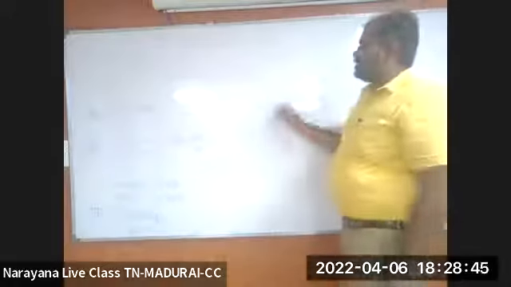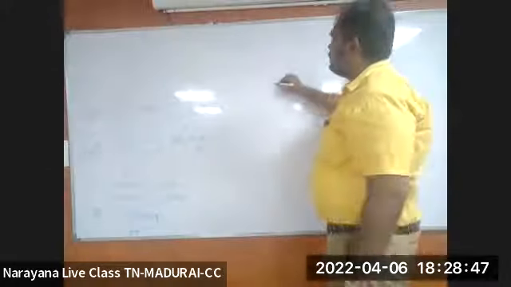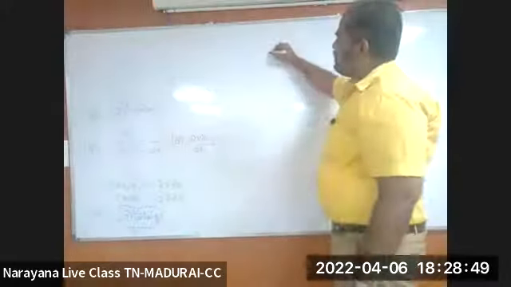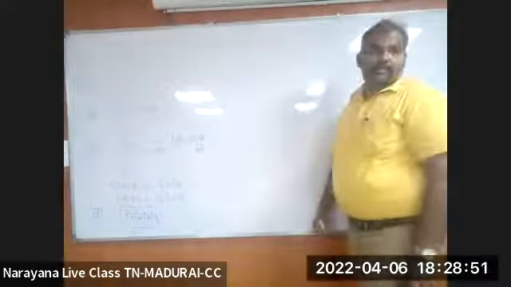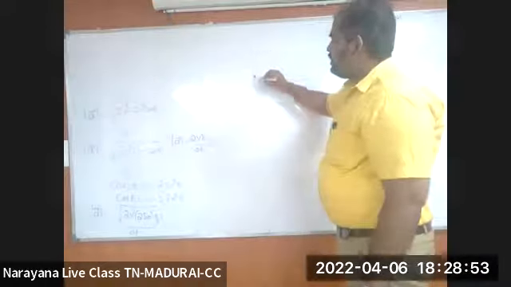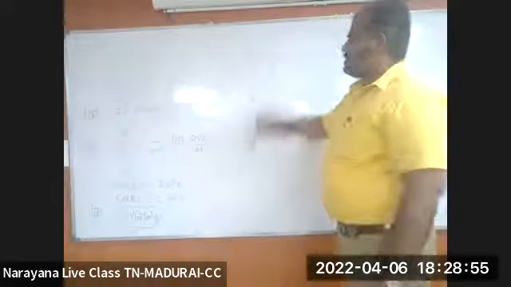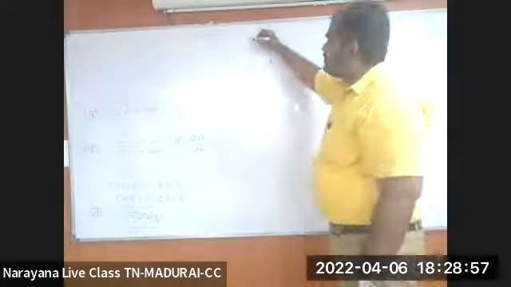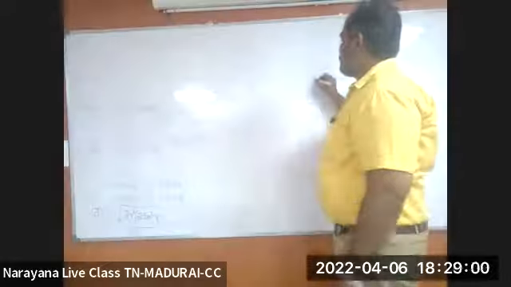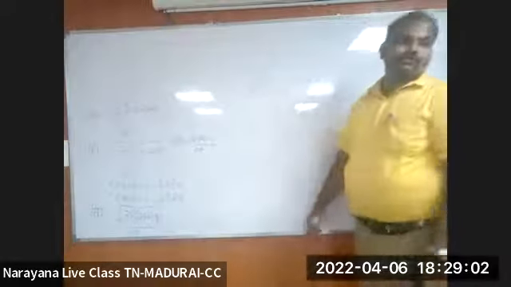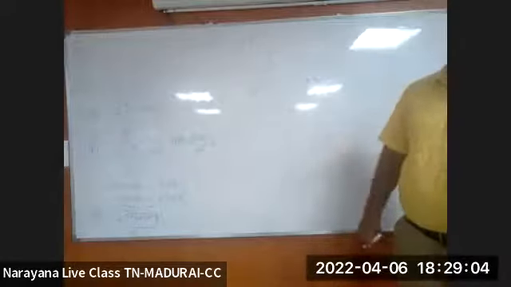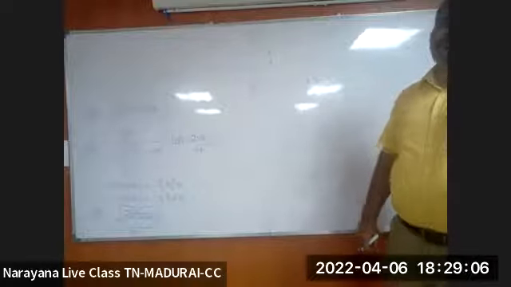For example, look here. One person is at point P from the origin. This is the origin, this is the y-axis, this is the x-axis. This is your task. So listen carefully.